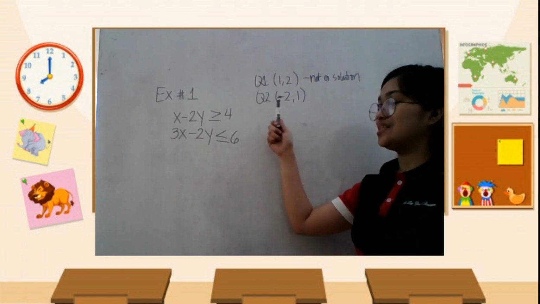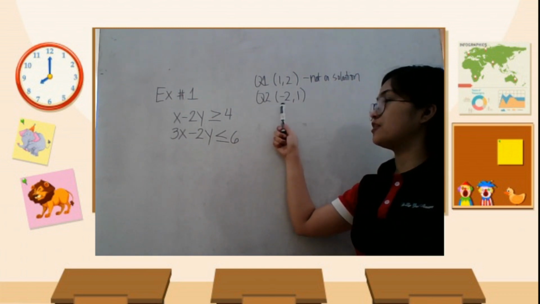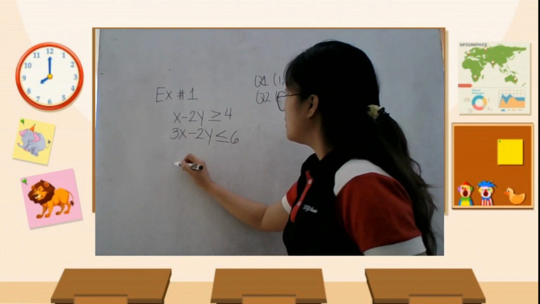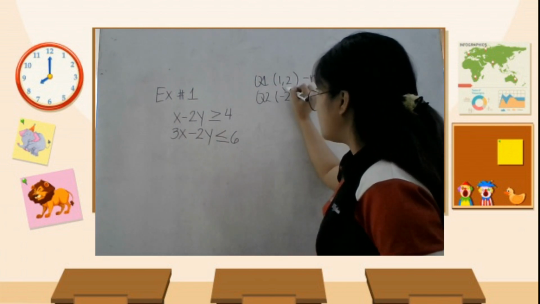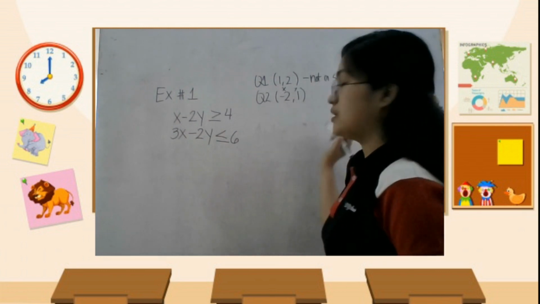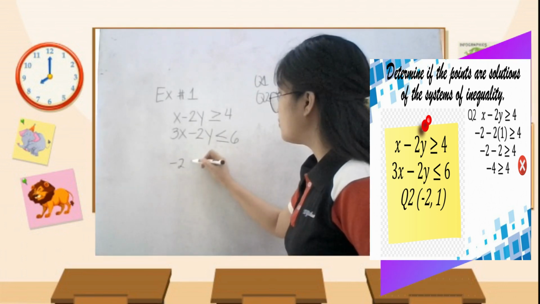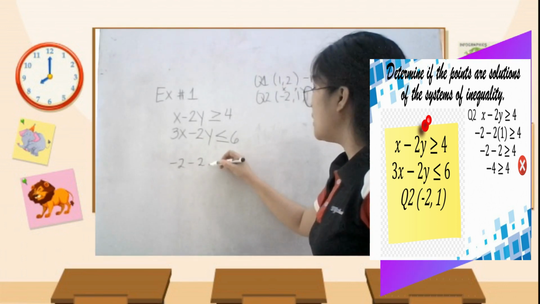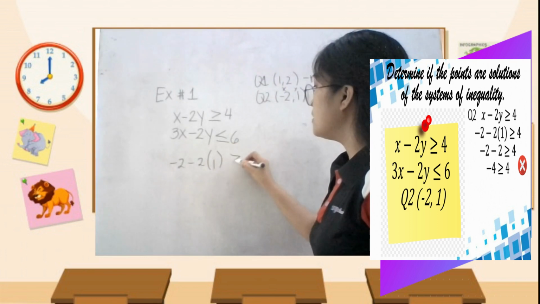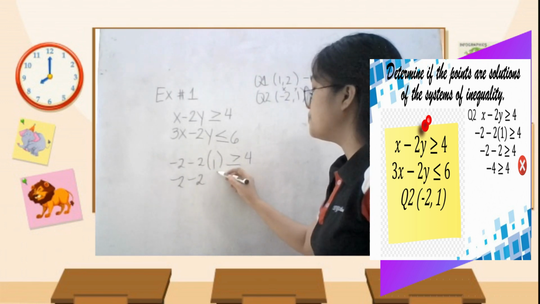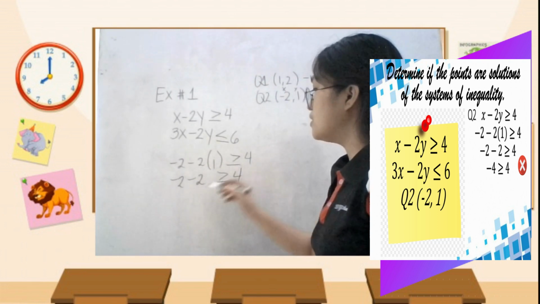Let's proceed with quadrant 2 with coordinates negative 2 and 1. So, let's substitute. The x would be negative 2 and the y would be 1. So, the x would be negative 2 minus 2 times the y, 1, greater than or equal to 4. Negative 2 times 1 is negative 2, greater than or equal to 4.